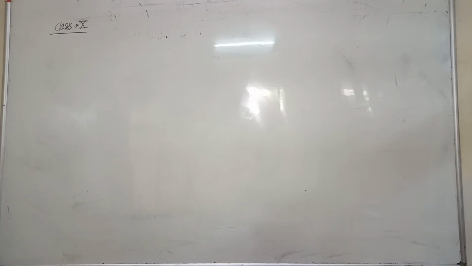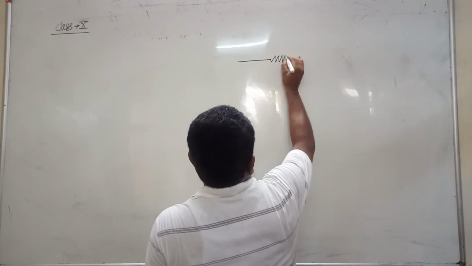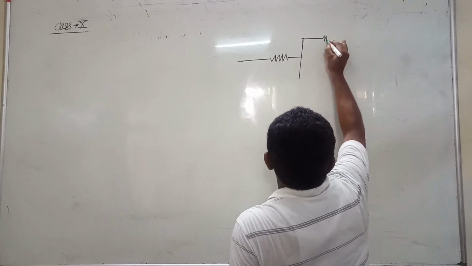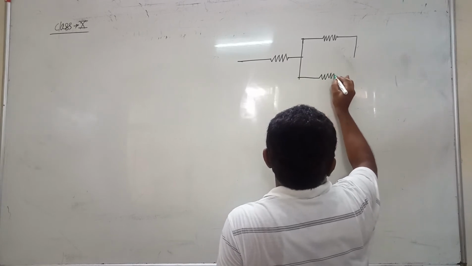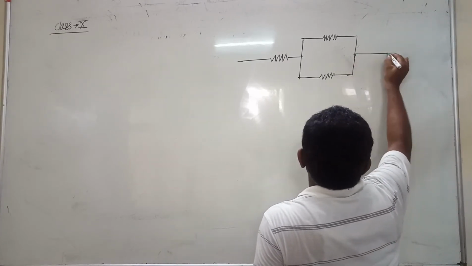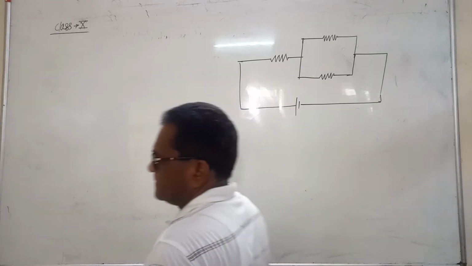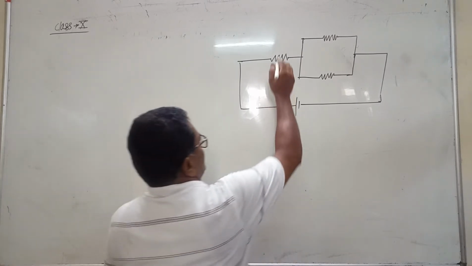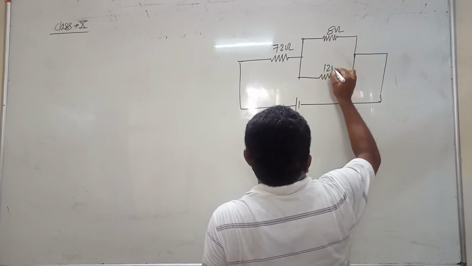Suppose in a circuit there are three resistances R1, R2, R3, and their values are 7.2 ohm, 8 ohm, 12 ohm.